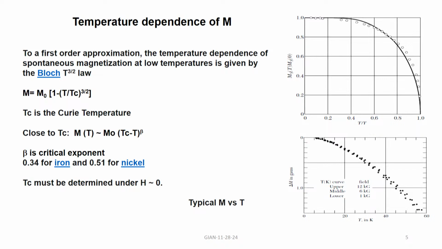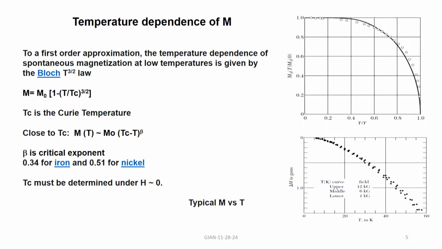But the equation at the top fails when you are close to the Curie temperature, and very close to the Curie temperature, the magnetization will vary like what is shown here. Beta is called the critical exponent. It is certainly less than 1, anywhere between 0.3 and 0.5 depending on the material.